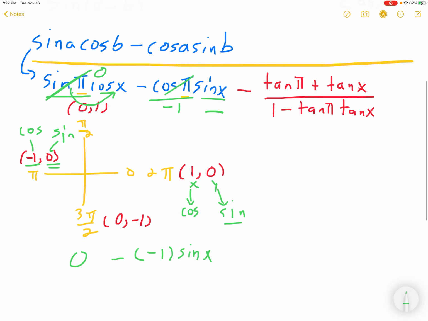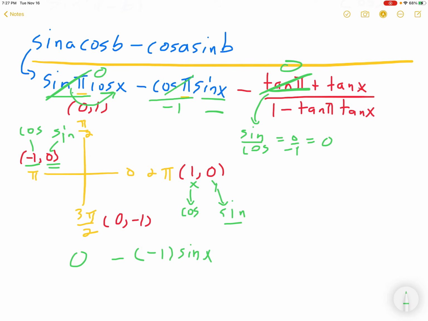Now at the same time, when we look at our quadrant, remember that tan is just sine over cosine. And so when we look at tan pi, we can see that it would just be 0 over -1, which is just 0. So that would also become 0.